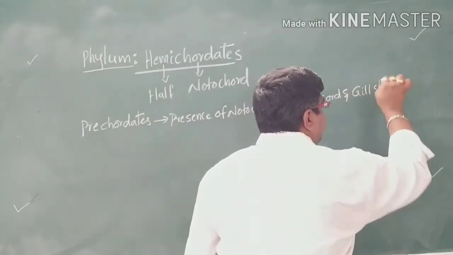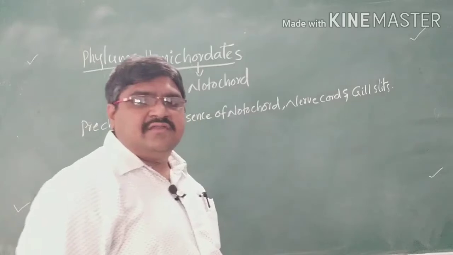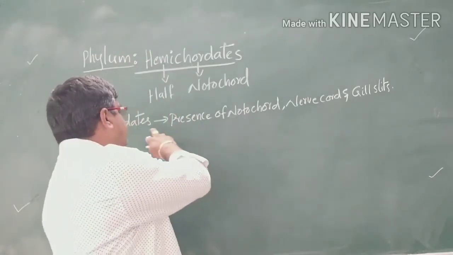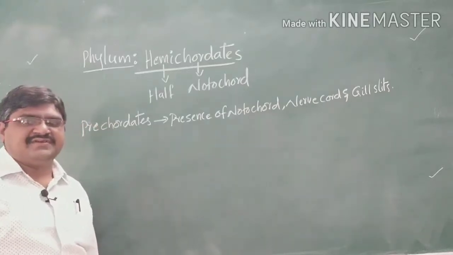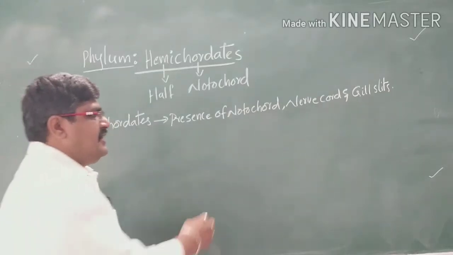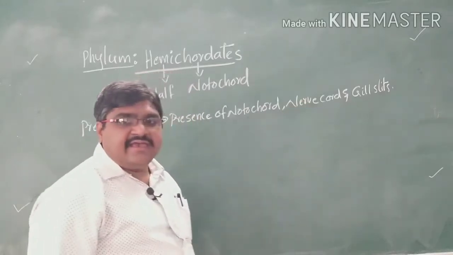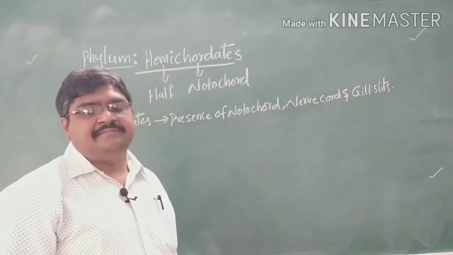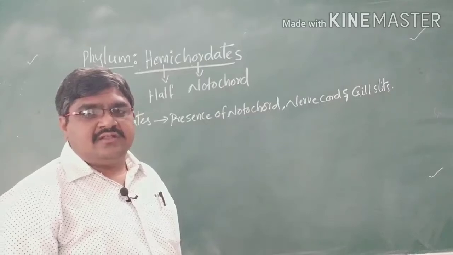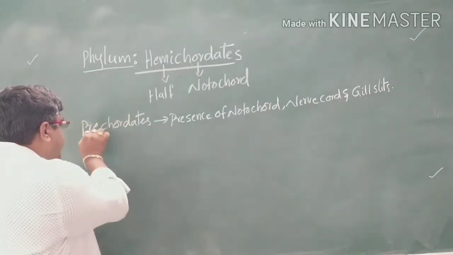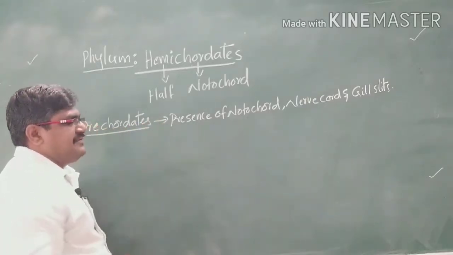So these organisms have pre-chordate characters: the notochord, the nerve cord, as well as gill slits.